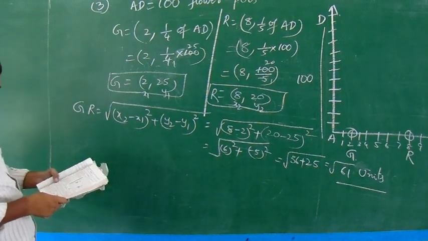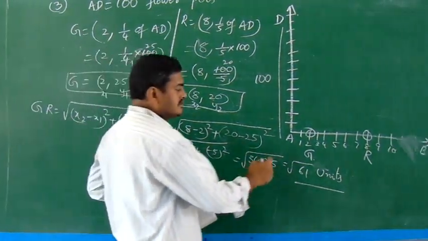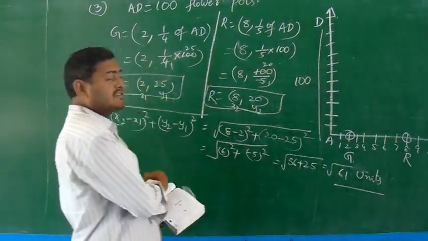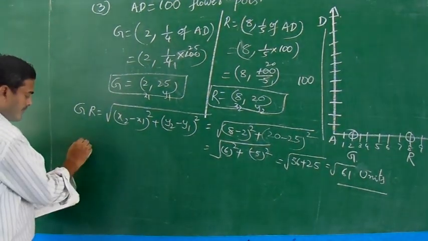Now one more question they are asking. The blue flag is in between G and R; she posted a blue flag. Where did she post the blue flag? For that we want to find the midpoint.